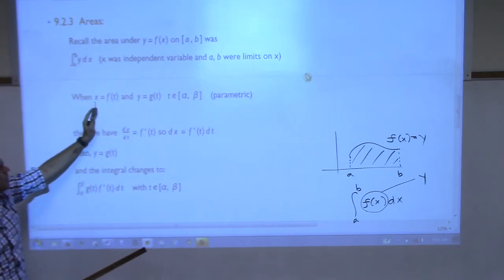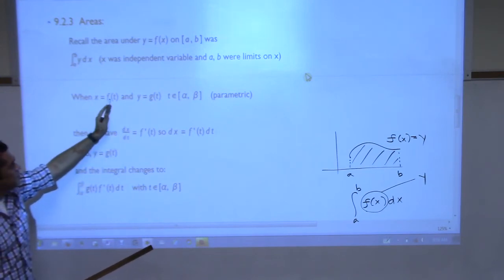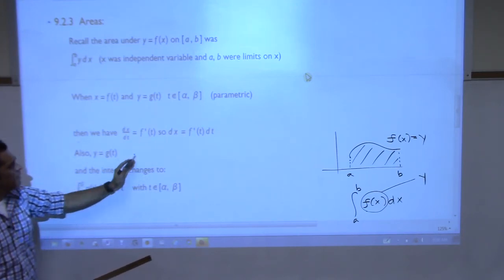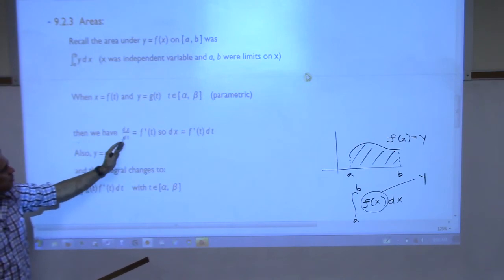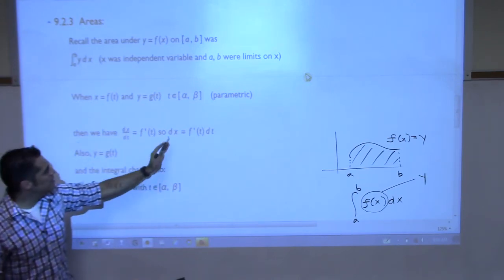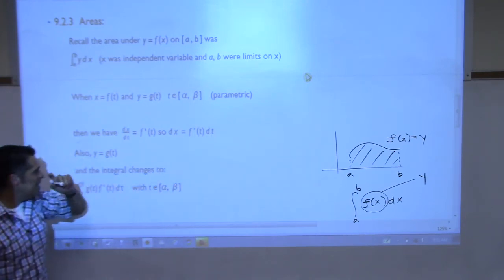So the derivative of the left side with respect to t is dx dt. The derivative of the right side with respect to t is f prime of t. And then solve for dx. So just multiply both sides by dt, and you get that dx is equal to f prime of t dt. And then rewrite this integral.